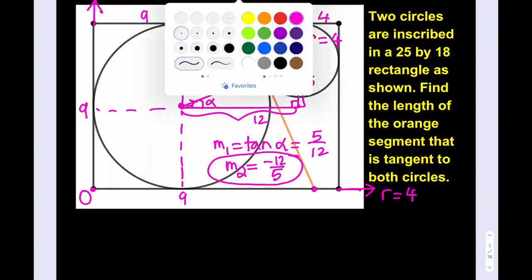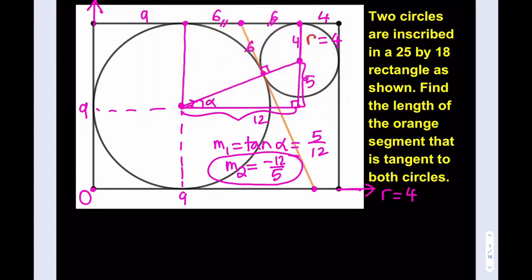Let me write that down here. So this point has the coordinates 15, 18. Why? Because this is 9 plus 6, so the x-coordinate is 15. And since it's up here, and the height of the rectangle is 18, the coordinates of this point here are 15, 18.